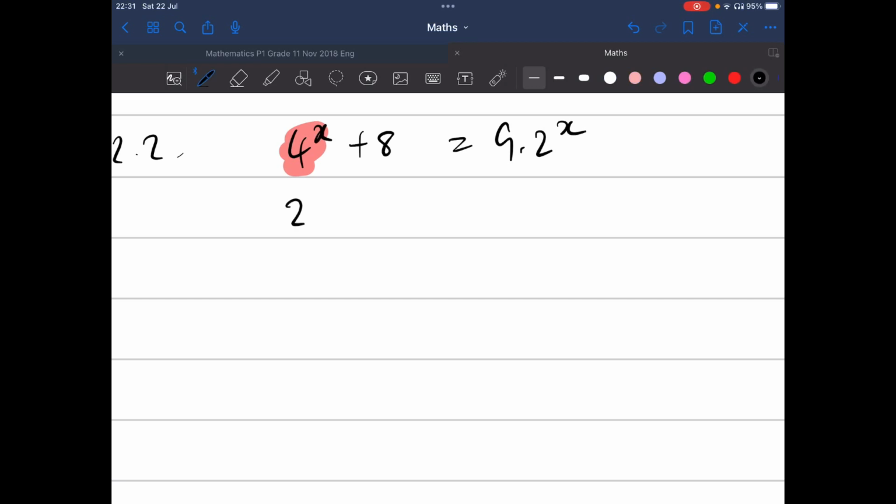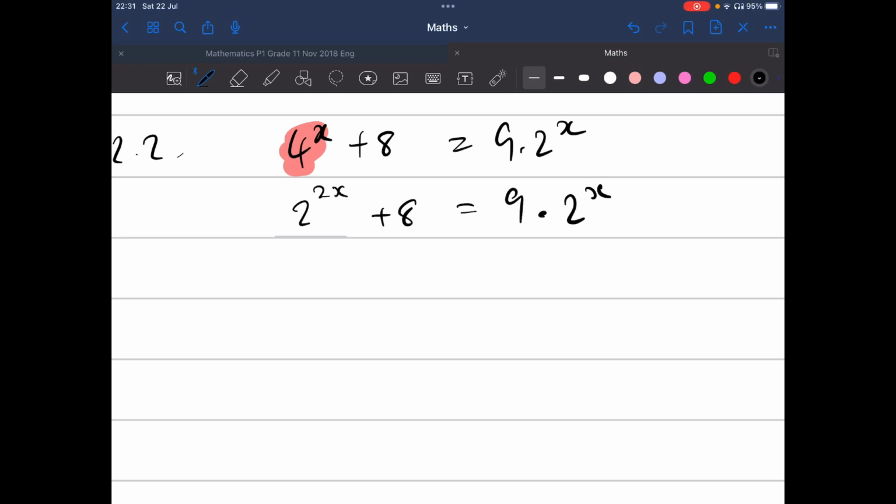Okay, so remember 4 is just 2 squared. Okay, so 2 squared to the power of x, and we can just write that as 2 to the power of 2x. Okay, plus 8 equals 9 times 2 to the x.